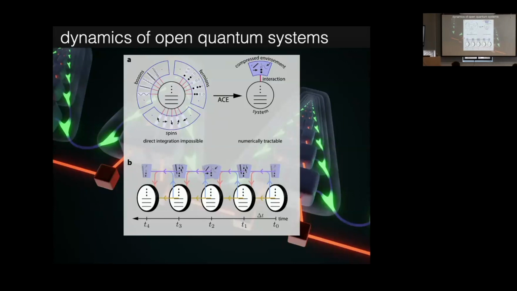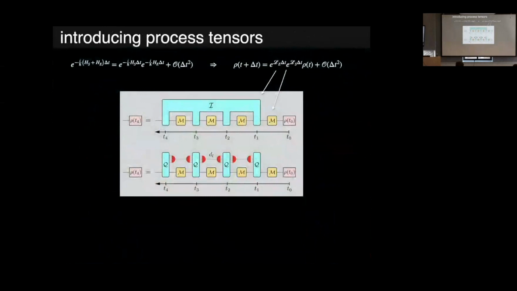I'll tell you how we get to this process tensor description, how we get this compressed environment, in a way that's different compared to the way that Peter talked about yesterday for TEMPO. So we've got a system, we've got an environment. What we do, and that's been done in all the work here as well, is we discretize time, introducing different time steps with time increments delta t.